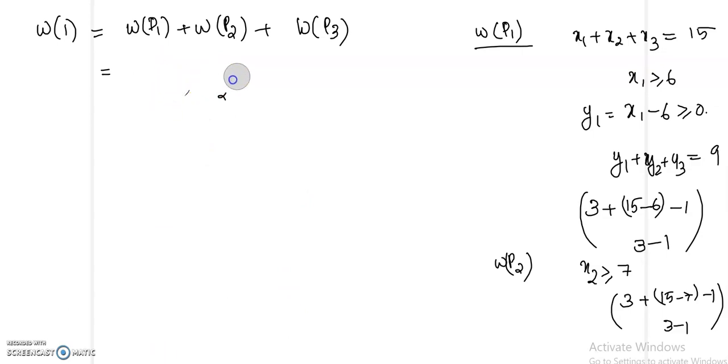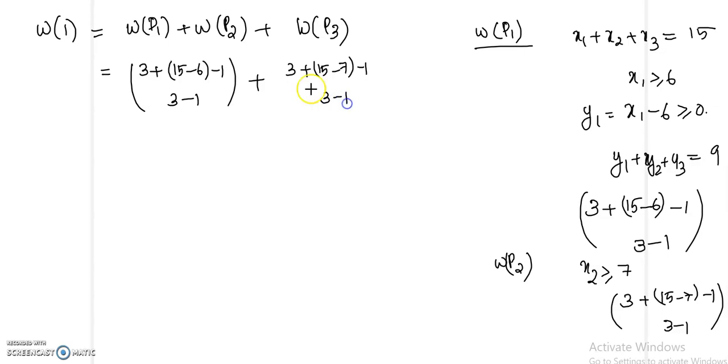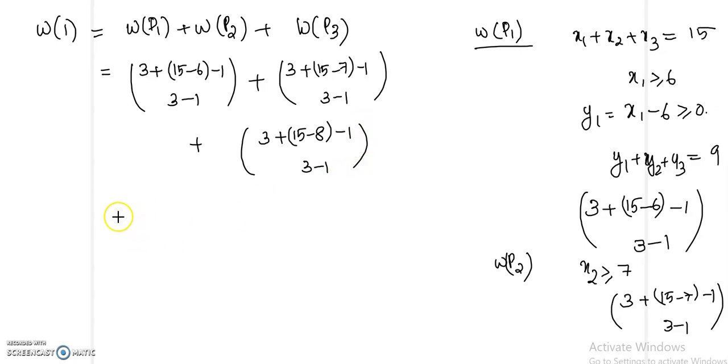Right, in terms of 15. So that will be (3 plus 15 minus 6 minus 1) c (3 minus 1) plus (3 plus 15 minus 7 minus 1) c (3 minus 1) plus (3 plus 15 minus 8 minus 1) c (3 minus 1).